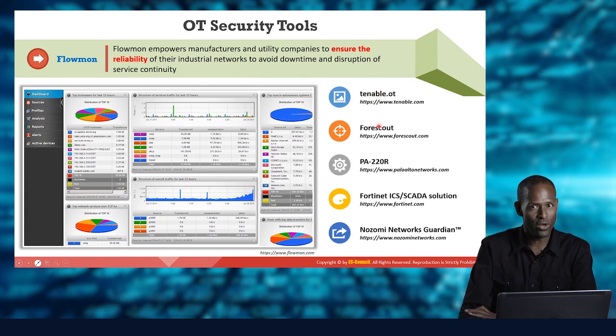Tenable.ot, Forescout, PA220R. Fortinet has a very good SCADA ICS solution. And Nozomi Networks Guardian. And there are others. There are cloud resources, and there are standalone resources that you can use to protect your OT networks.